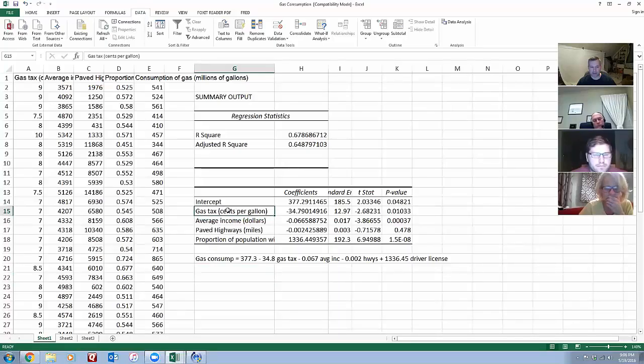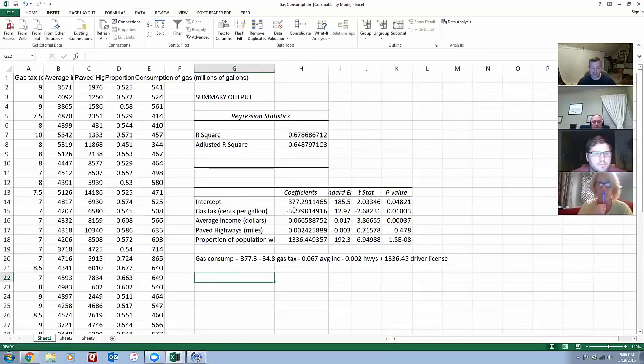So my gas tax was measured in cents per gallon. What this coefficient tells me is that if there's an increase in the gas tax by 1 cent per gallon, then the consumption of gas is going to fall by 34.8 million gallons.